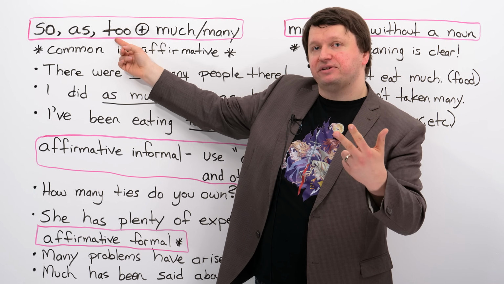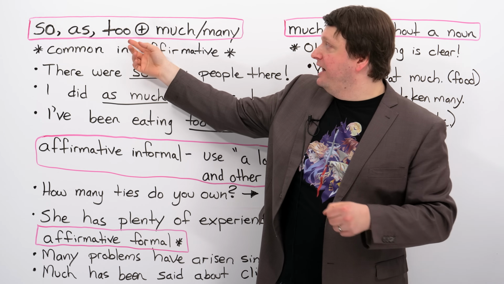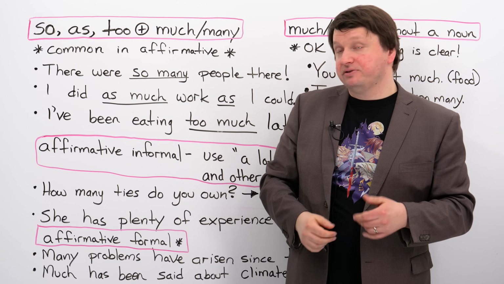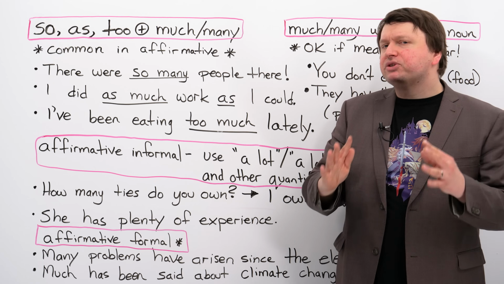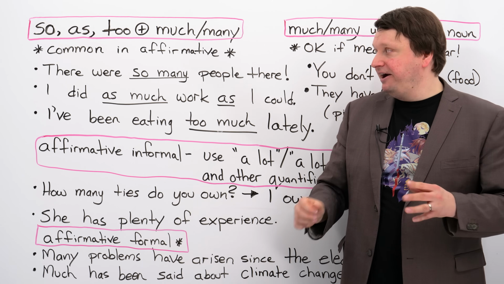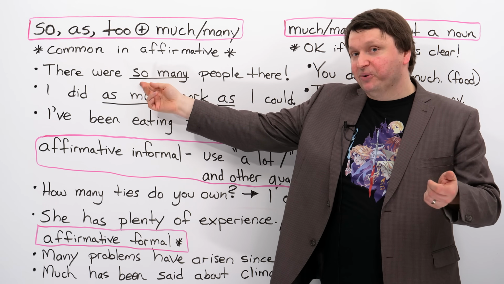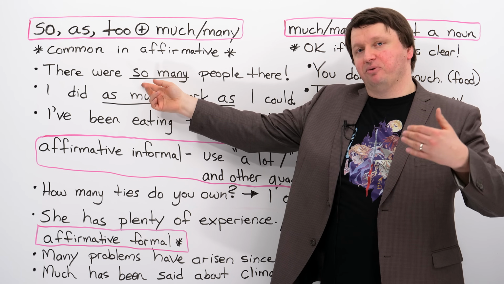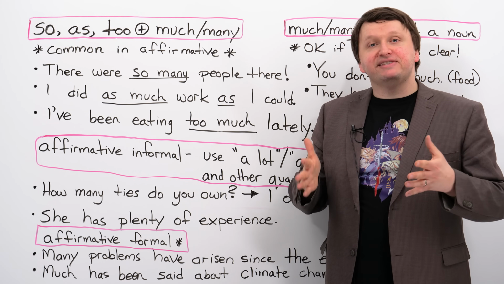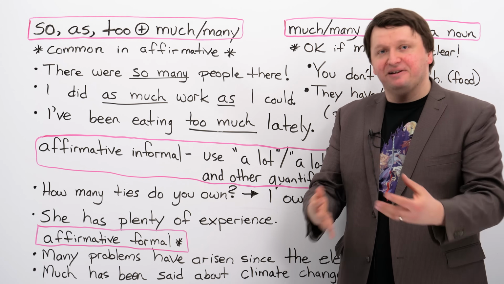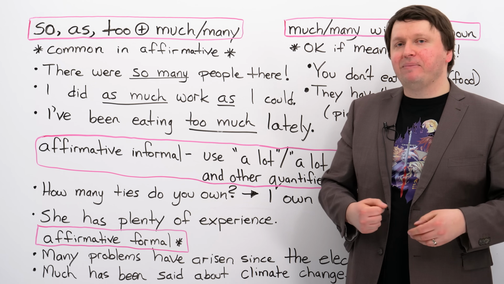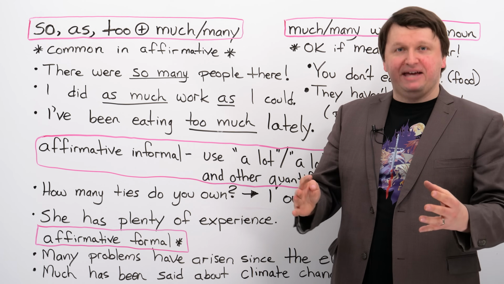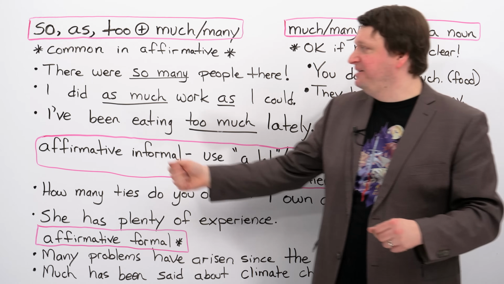You can use these phrases in affirmative sentences with much or many. So for example, there were so many people there. So before much, before many, you use this to intensify the word, to intensify the sentence. How many? So many, a lot, okay?